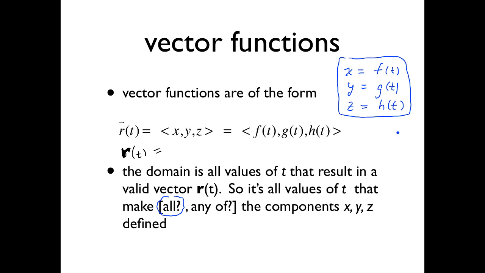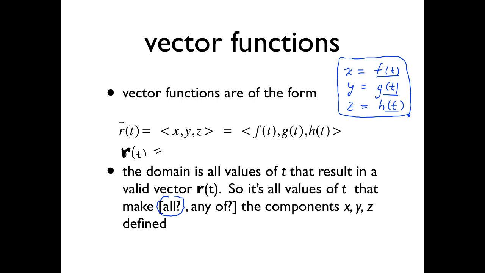You need all values of t that make all 3 of them defined. And that's your domain of the vector function, because you need to get a valid vector, meaning you have to have 3 valid defined components. Okay, does that make sense?